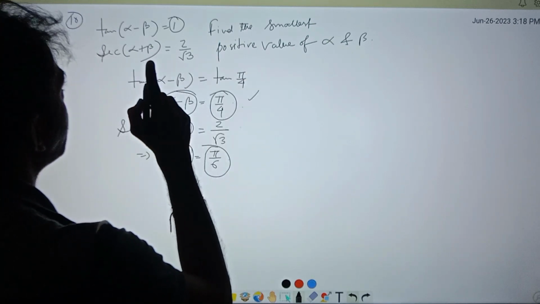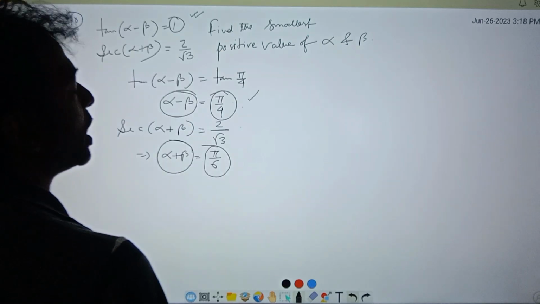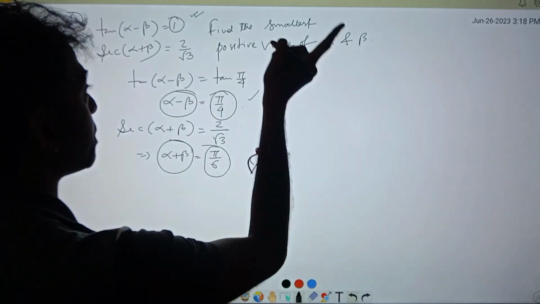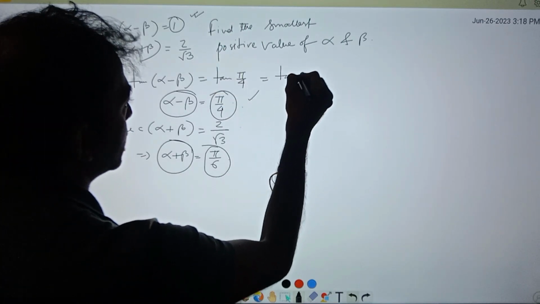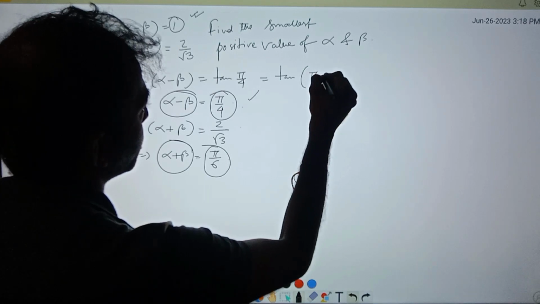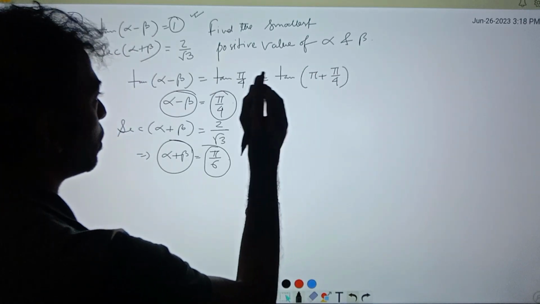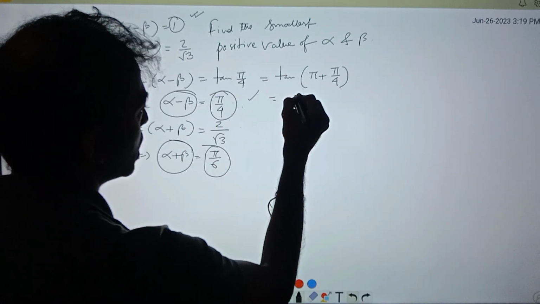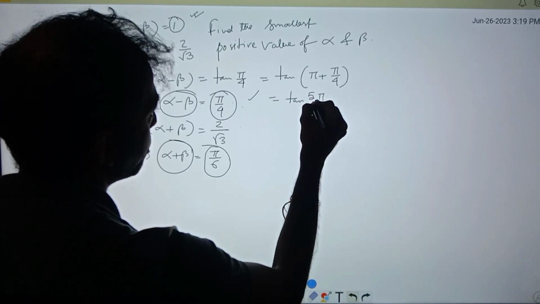So that's why I'm going to change this one. Now, tan of alpha minus beta is equal to 1, we all know that, and we all know that tan is also positive in the third quadrant. So in this case, we may write this one as pi plus pi by 4. You may write that also. So tan pi by 4 is always equal to tan of pi plus pi by 4. So that will be tan 5 pi by 4.